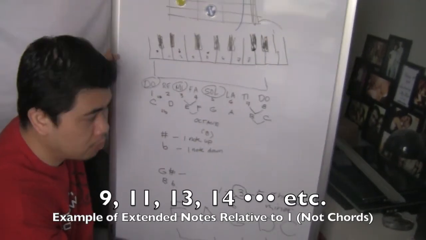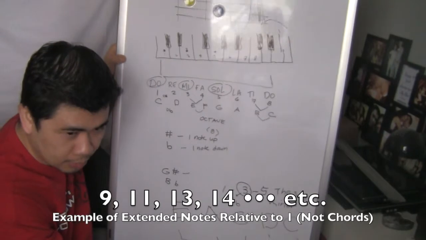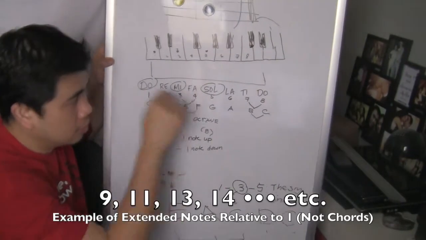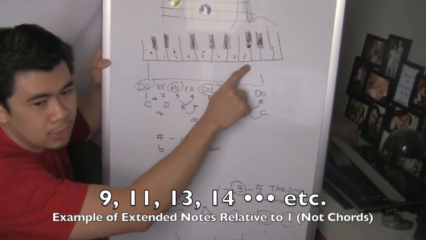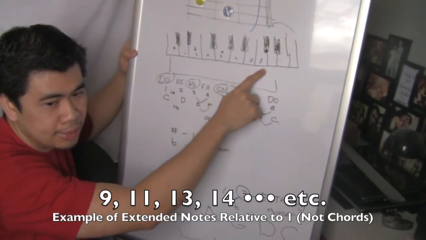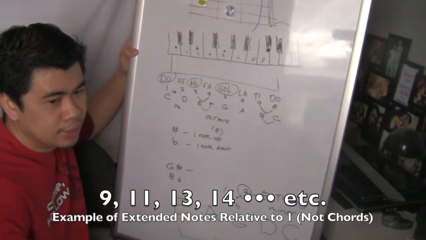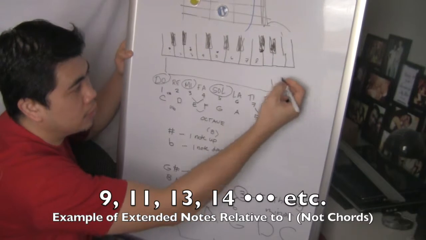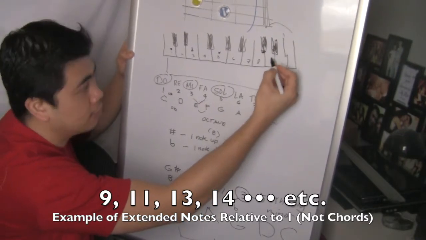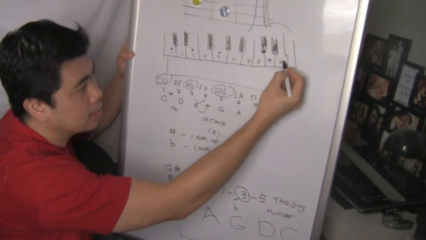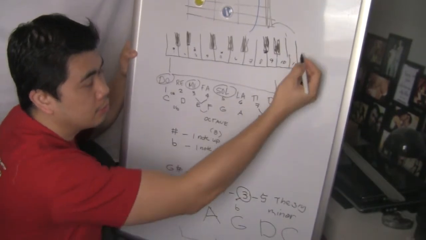Like for example, in the form of A, remember I mentioned to you that there's 1 to number 8, right? If I move further, it's in the next octave, right? So it's 9, 10, and 11, if I go up.